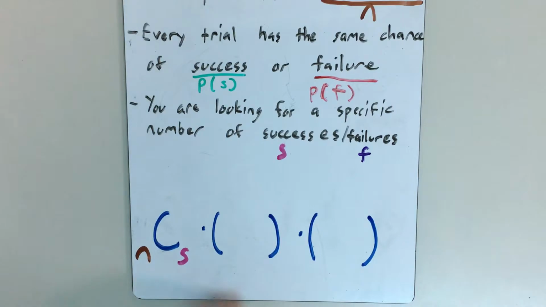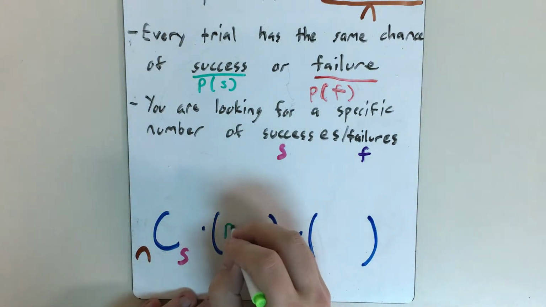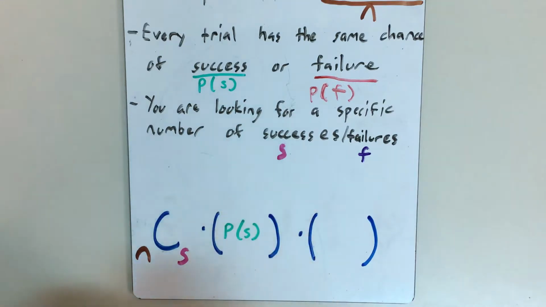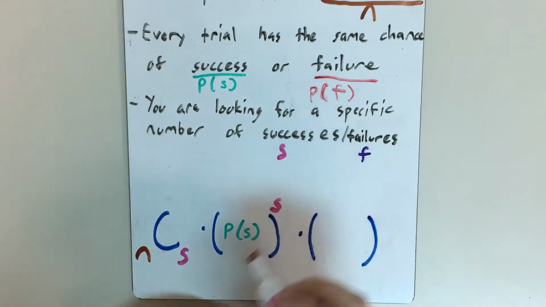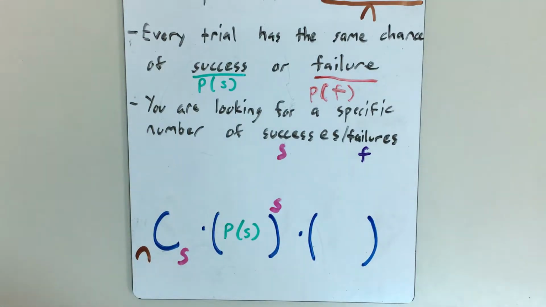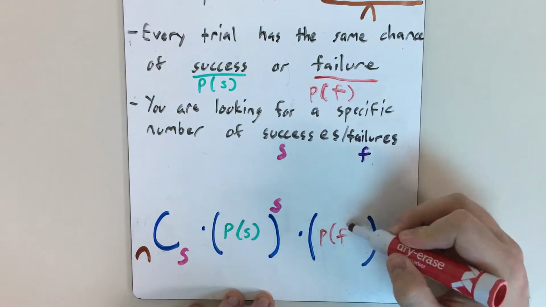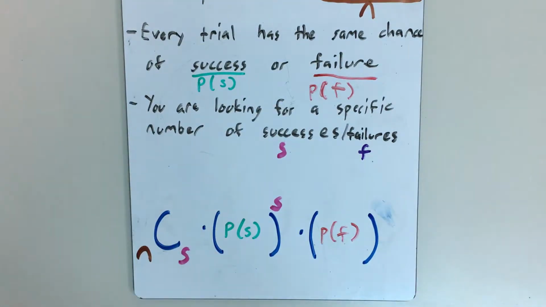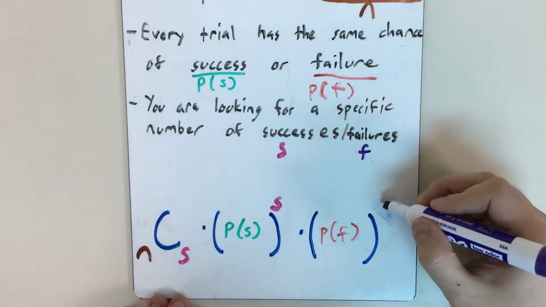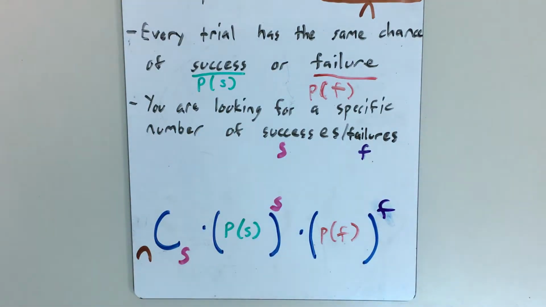And this is times, and inside this first set of parentheses, I'm going to have my probability of success raised to the power of how many successes I want. And then here, I'm going to have my probability of failure. And that P of F is going to be raised to, you guessed it, the number of failures that I want for that particular example or that particular problem.